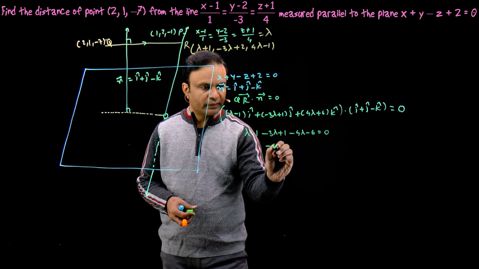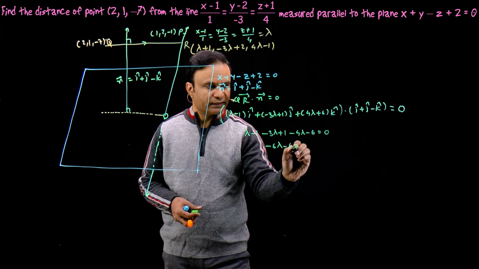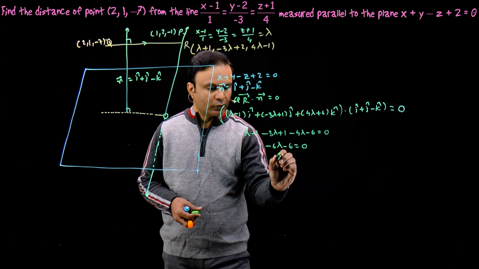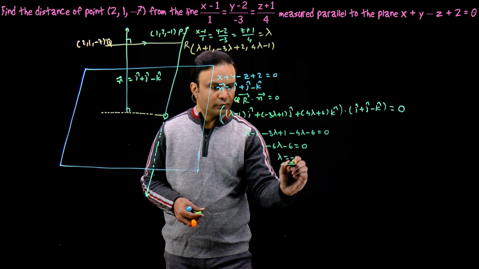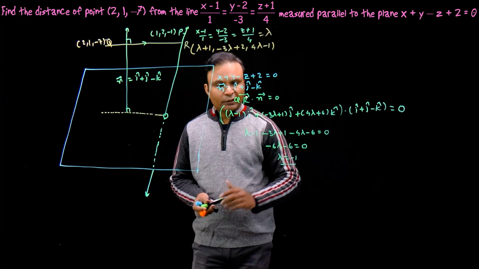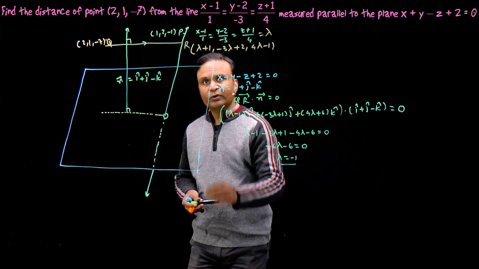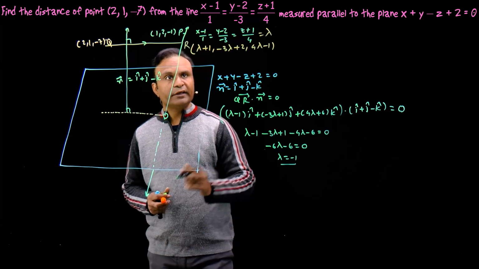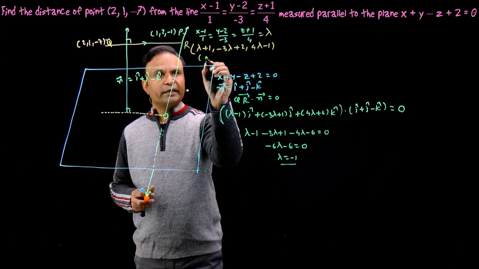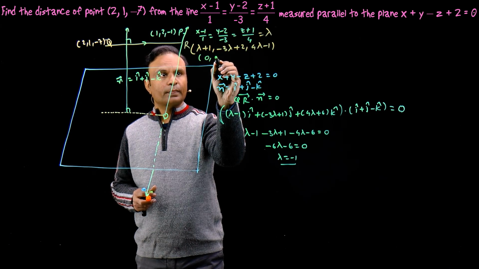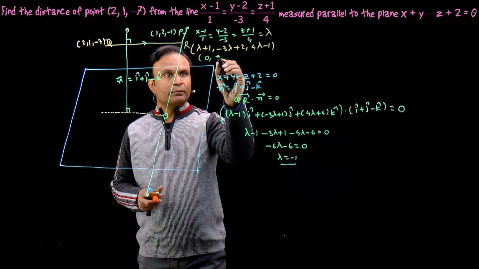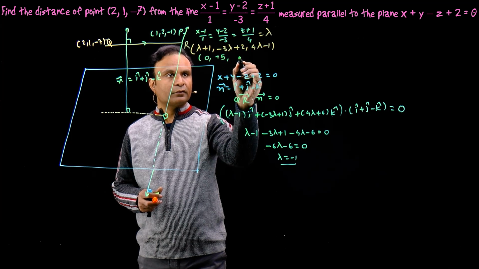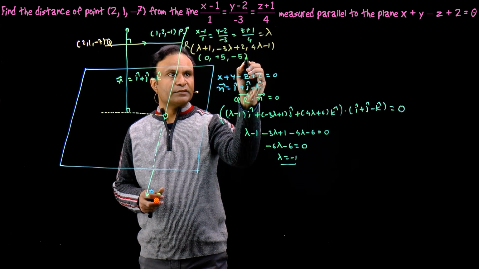Simplifying this, we get minus 6 lambda minus 6 is equal to 0, or lambda is equal to minus 1. Now this value of lambda is corresponding to point R. So let's put lambda is equal to minus 1 here. We get this point as 0, 5, minus 5.